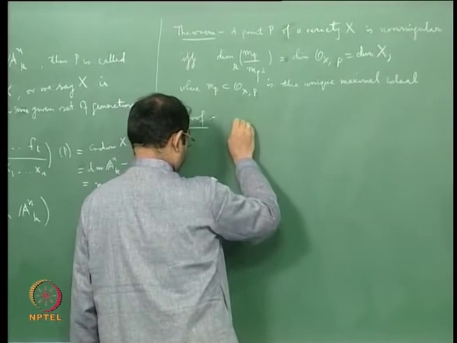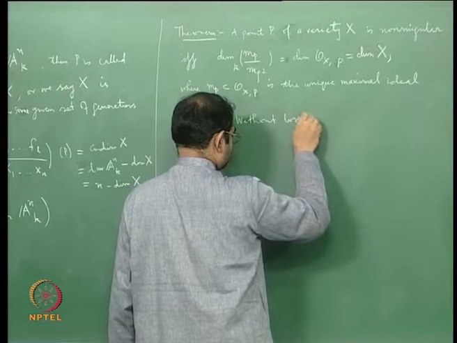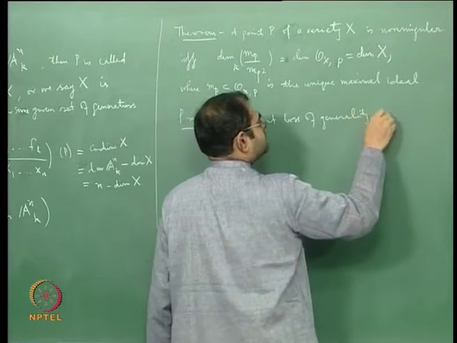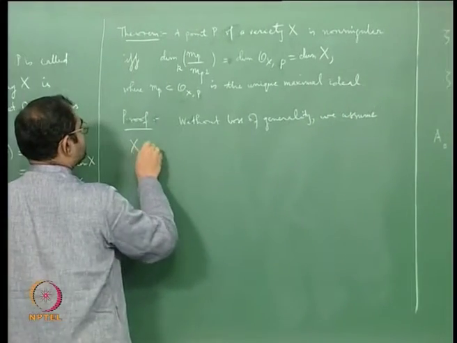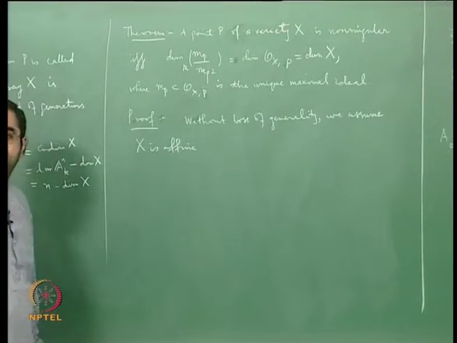Without loss of generality, we assume X is affine, and why is this correct?